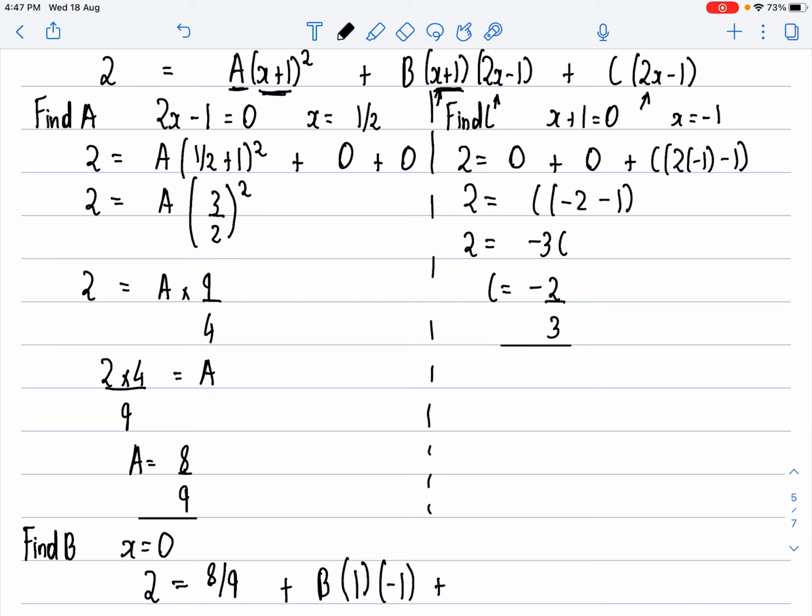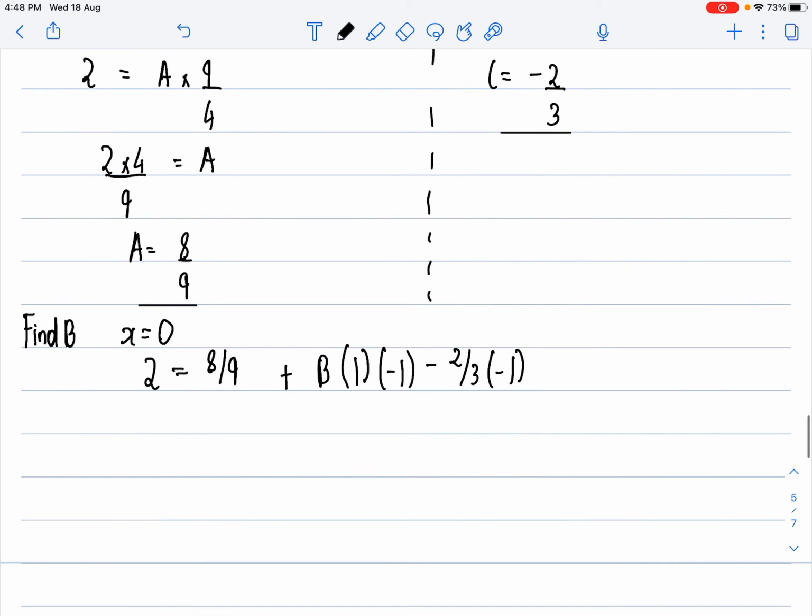Plus when I put c as minus 2 by 3, and here when I put x as 0, I only get minus 1. So I can write this as 2 equals 8 over 9 minus b plus 2 over 3.